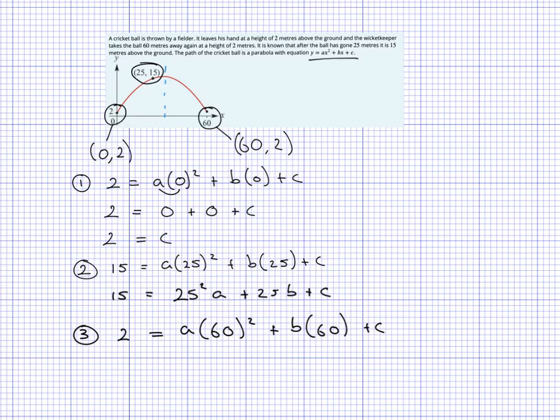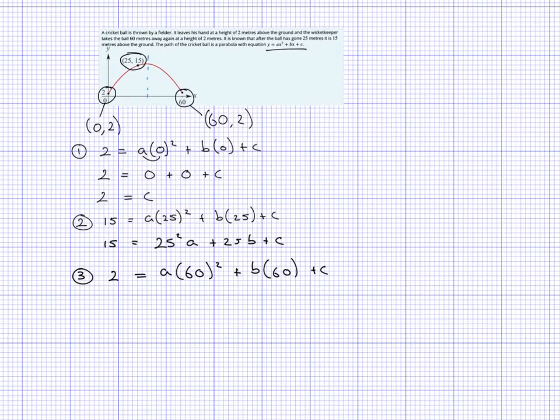So now comes the maths. 25 squared is something big. It's 625. So I'll simplify equation 2 just next door. So 15 equals 625a plus 25b. At this point, I'm actually going to substitute 2 equals c in place of c, because it's not helpful anymore to leave it out, and I'll have to do that with both of them.